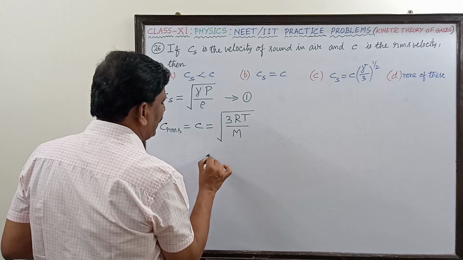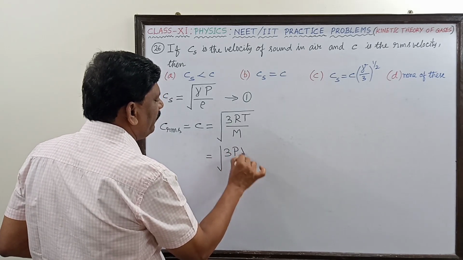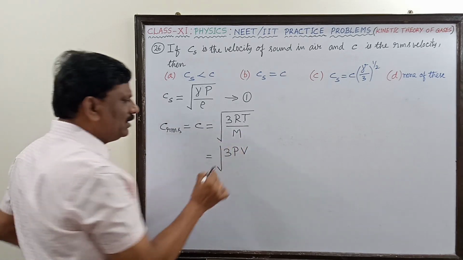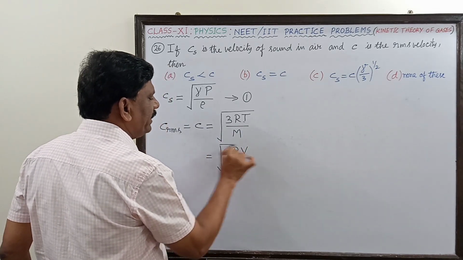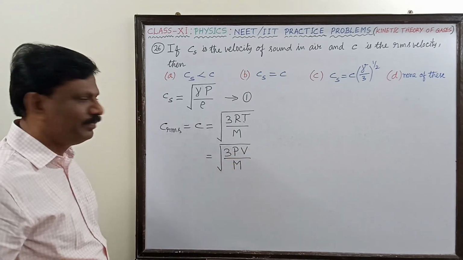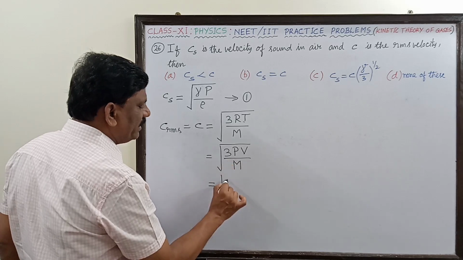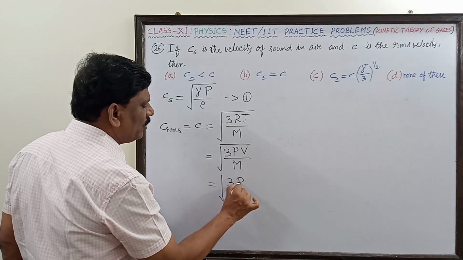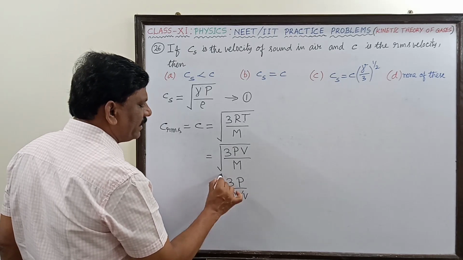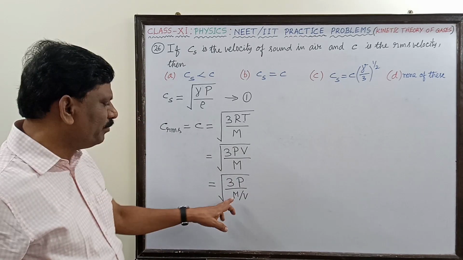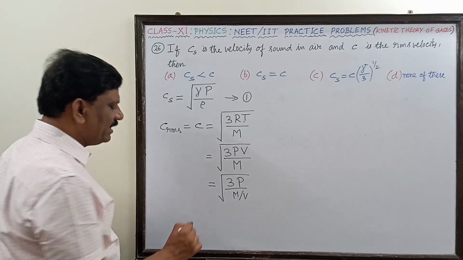Now this also can be written as square root of 3PV, because PV is equal to RT for 1 mole. So RT by m becomes PV by m. So this is also equal to square root of 3 into P into, the volume V is brought to the denominator, m by V. So mass per unit volume is nothing but density.